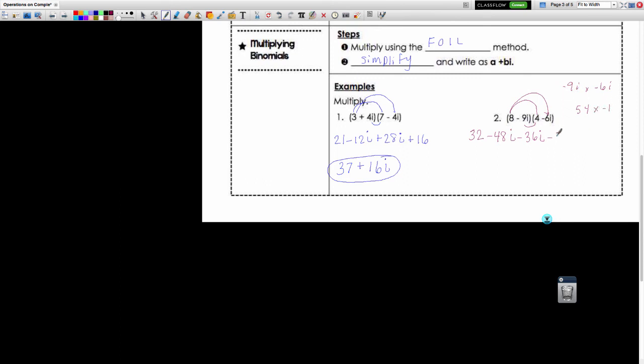So that's a minus 54. And now we simplify. 32 minus 54 is negative 22. And a negative 48i and a negative 36i is a negative 84i. Again, another non-real answer because we can't get rid of that i.